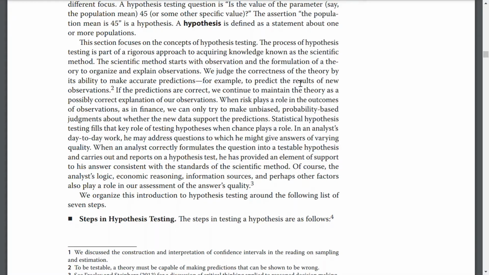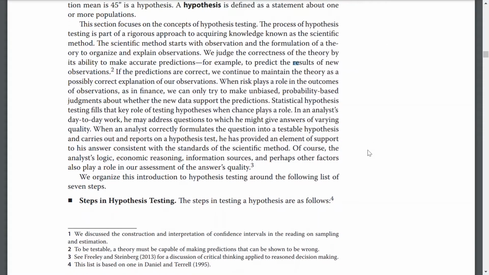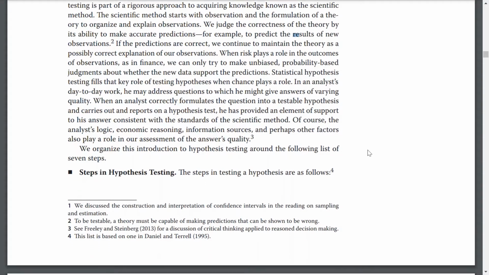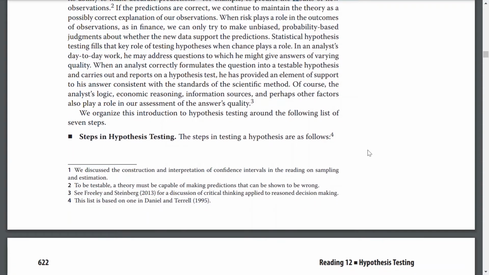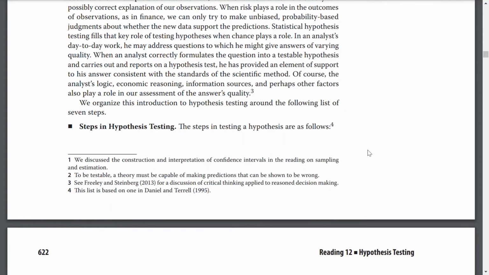When an analyst correctly formulates the question into a testable hypothesis and carries out and reports on a hypothesis test, he has provided an element of support to his answer consistent with the standards of the scientific method. Of course, the analyst's logic, economic reasoning, information sources, and perhaps other factors also play a role in our assessment of the answer's quality.